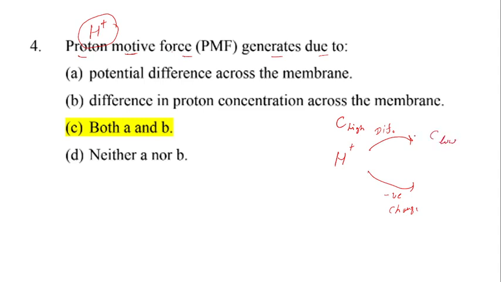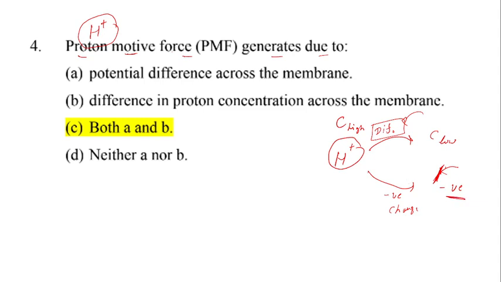So the first is this force, which is known as diffusion. Second, if you apply a negative charge here, a negative electrode, this hydrogen ion will be attracted toward the negative electrode. We all know that because it is a positive charge, it will be attracted toward the negative charge. So these are the two forces: first is concentration and second is charge.